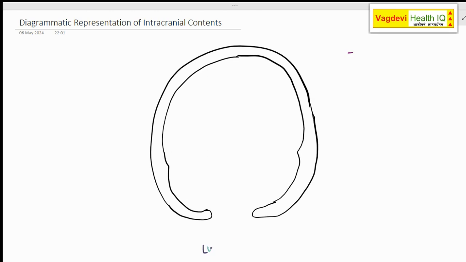Not able to see? Okay, no problem, I will use the red color. Lumbar CSF, descending down into the spinal cord.